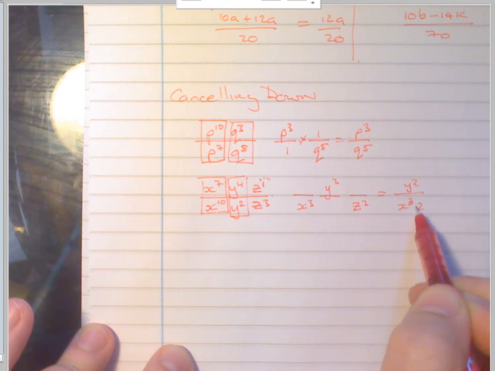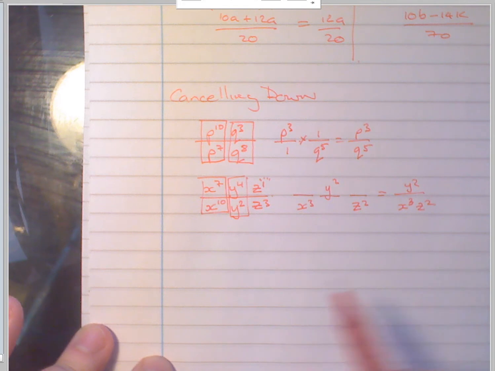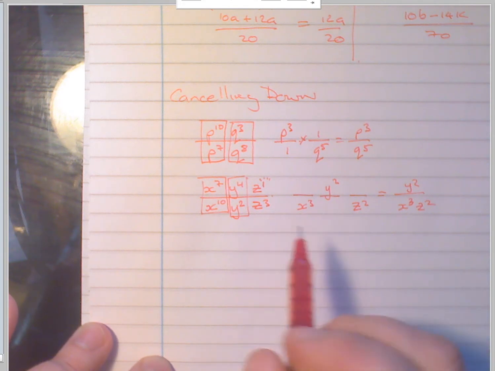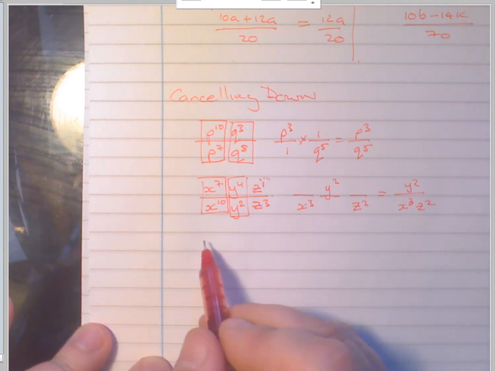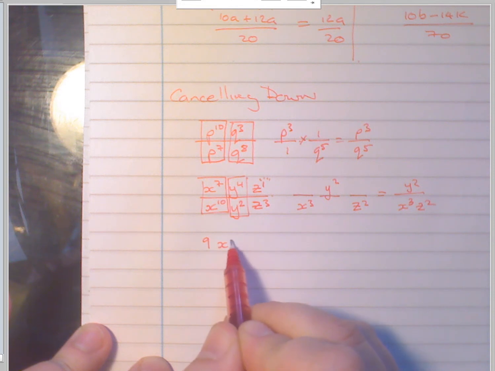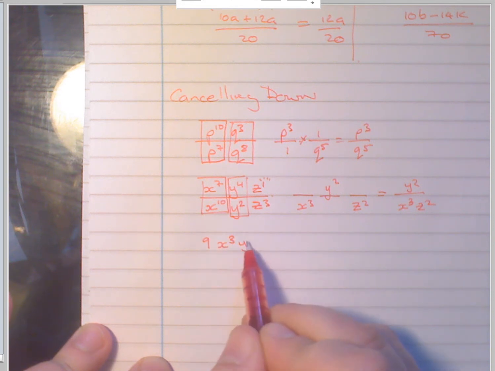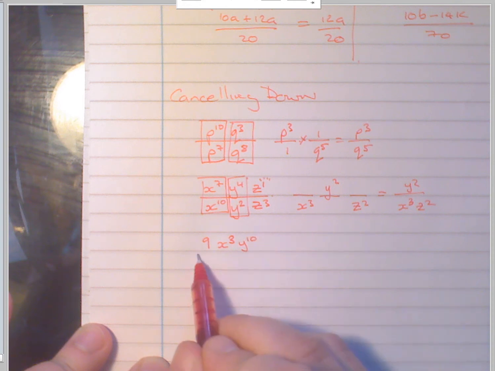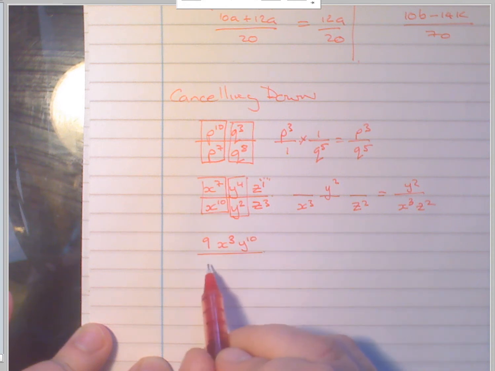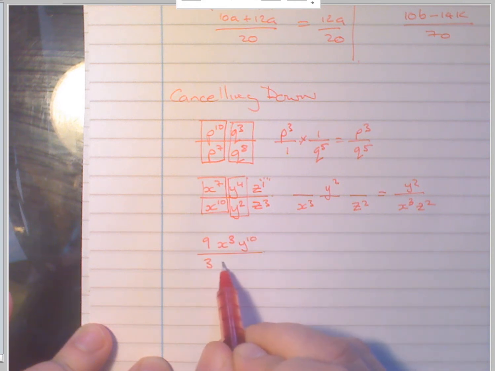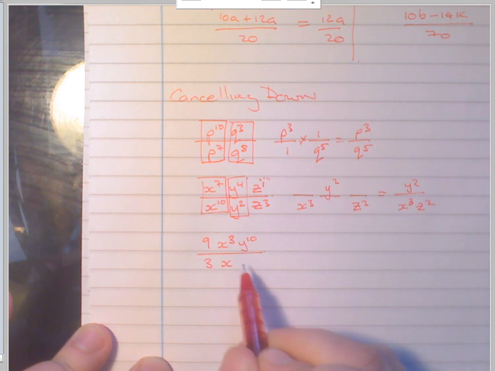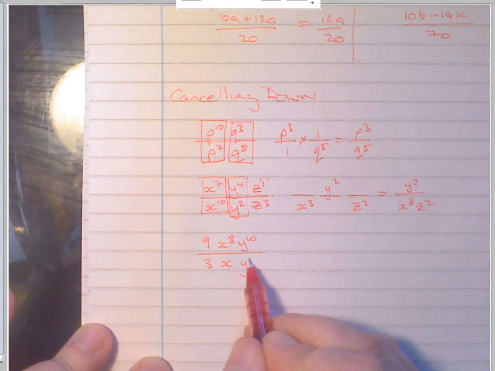Okay, now the last type of one of these is that if I put some regular numbers in there, so if I had 9 x to the power 3, y to the power 10, and I wanted to divide by 3x, or just x maybe, and then y to the power 12.